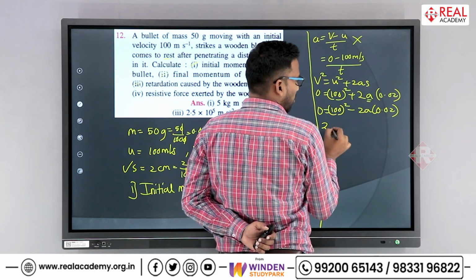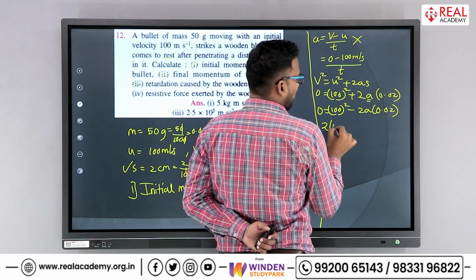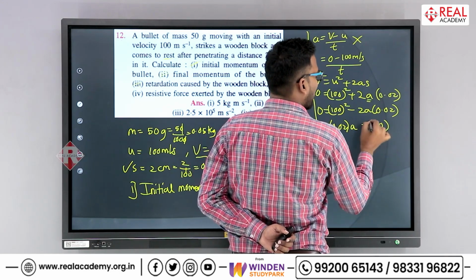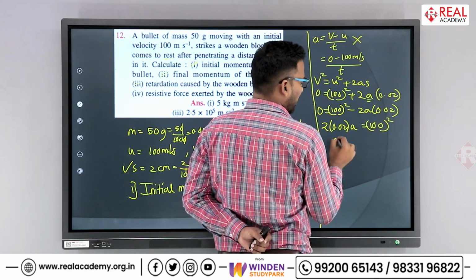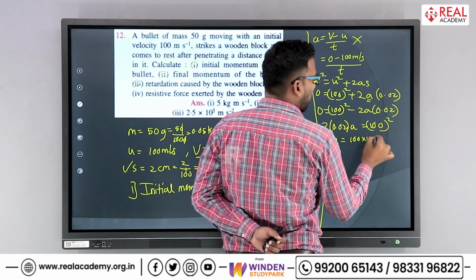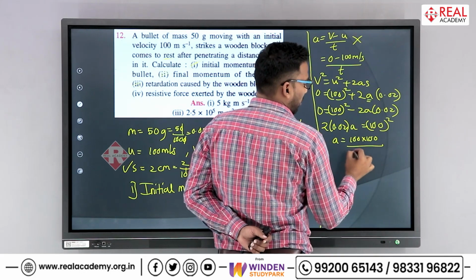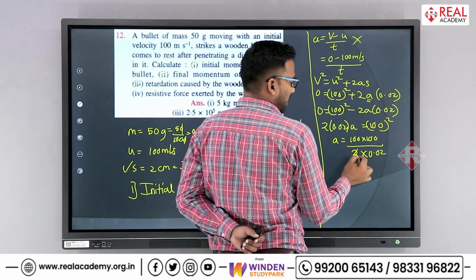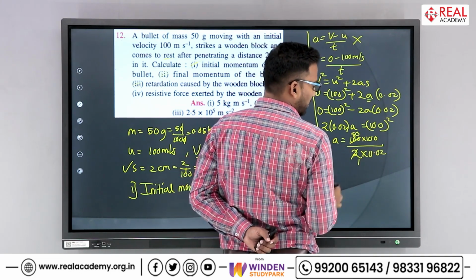So that means 2 into 0.02 into A is equal to 100 square, right? Then A is equal to 100 into 100 upon 2 into 0.02.